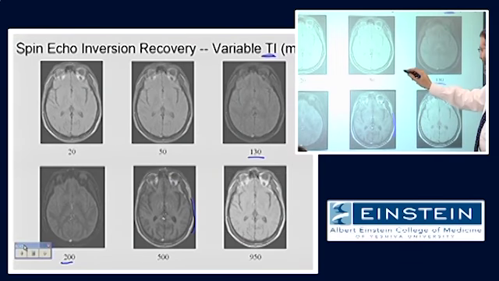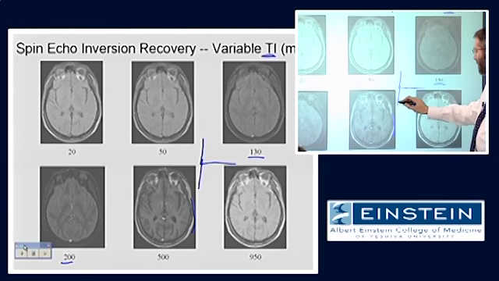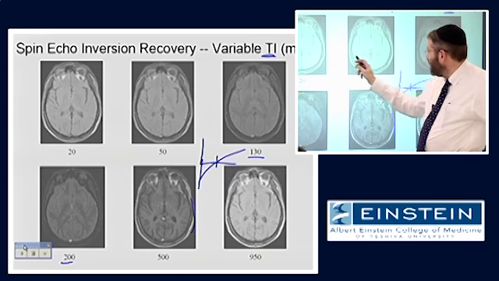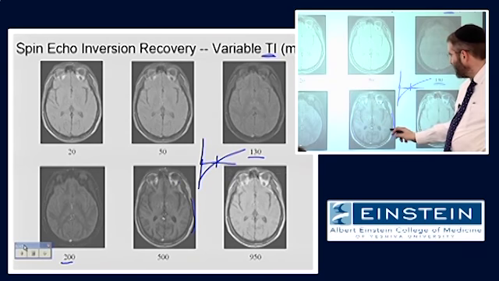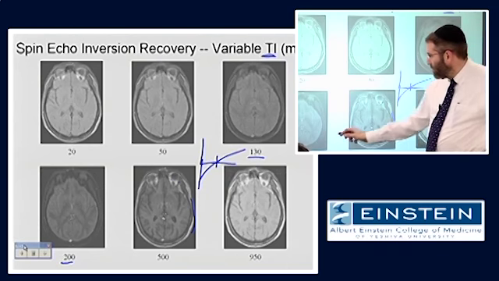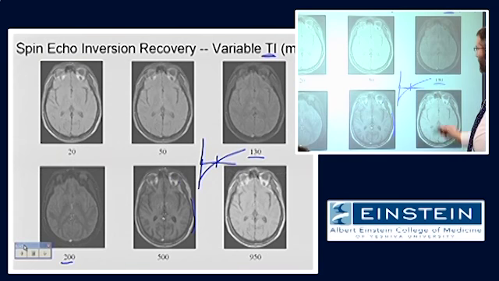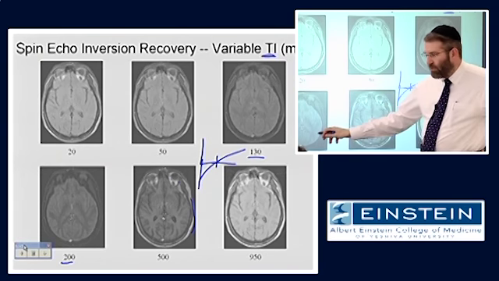That's because we have fat crossing its null point around the time that we're giving that 90-degree RF pulse. Right. Similarly, we talked about myelin. Notice that if you compare the other images where the gray matter is darker than the white matter to those around the null point for fat, the gray-white matter contrast is reversed.